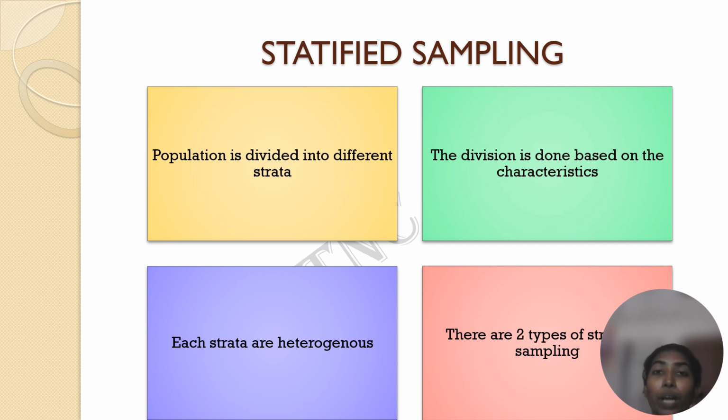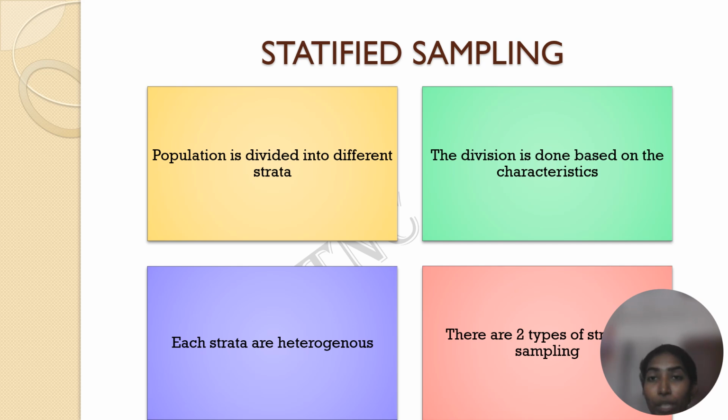Or if you want to collect information from different income groups, middle income, low income, and upper class, they are different strata, and they have characteristics of their own. They are exclusive in nature.